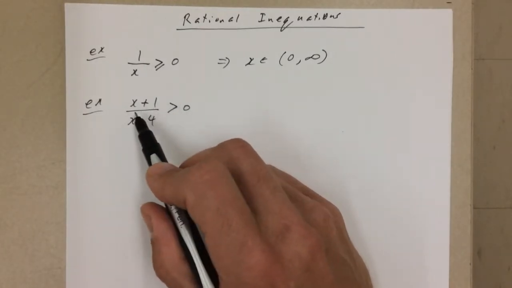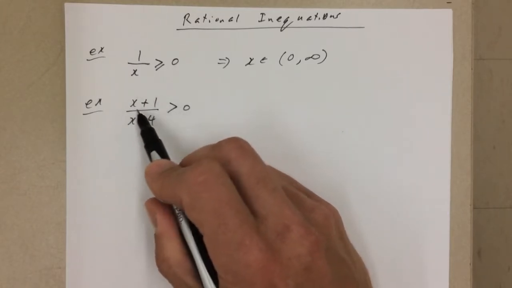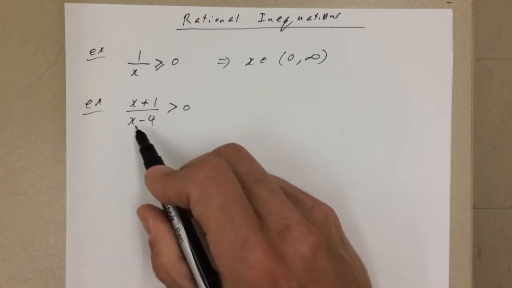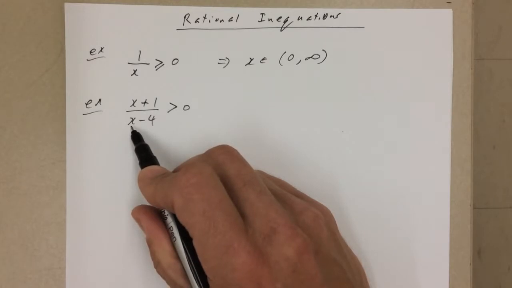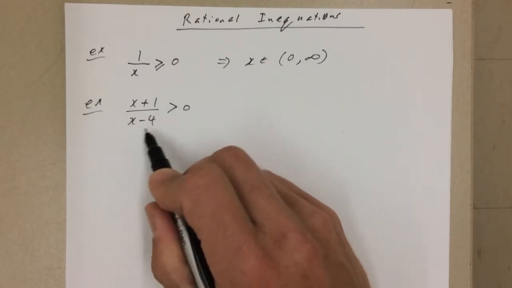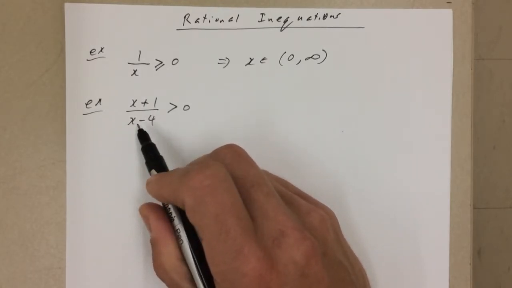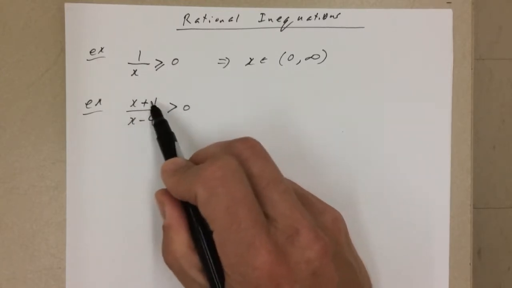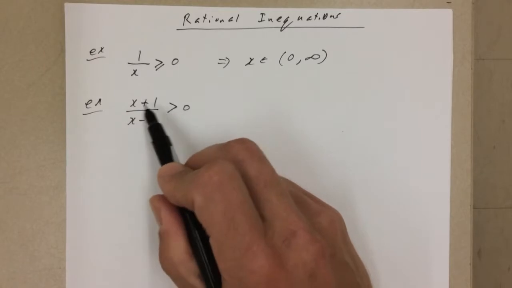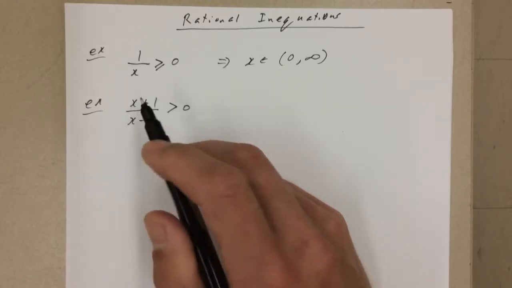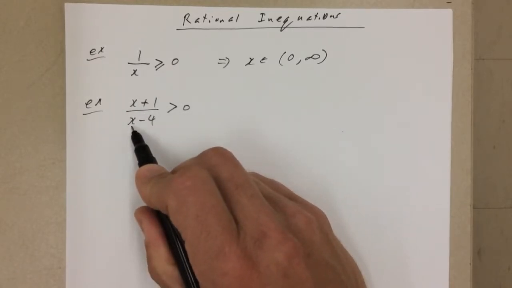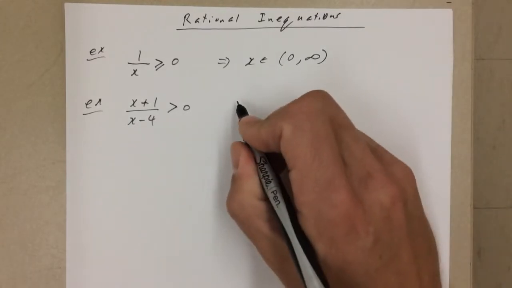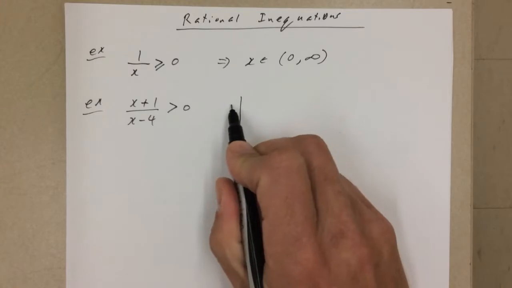The top is 0 at -1, the bottom is 0 at 4, and it can't be defined at 4, because the bottom would be 0 then. So these are numbers where the top would change signs. It would go from negative to positive at x equal to -1, and this would go from negative to positive when x equals 4.